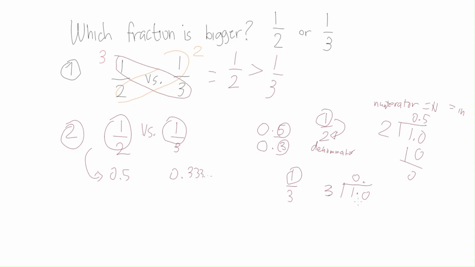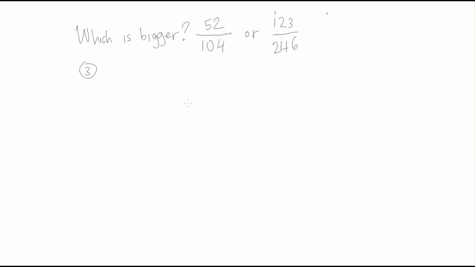How many 3's are in 10? There's 3, because 3 times 3 is 9. And then 1, and we bring down another 0. How many 3's are in 10? 3, 9. It's just going to continue. So 0.33.